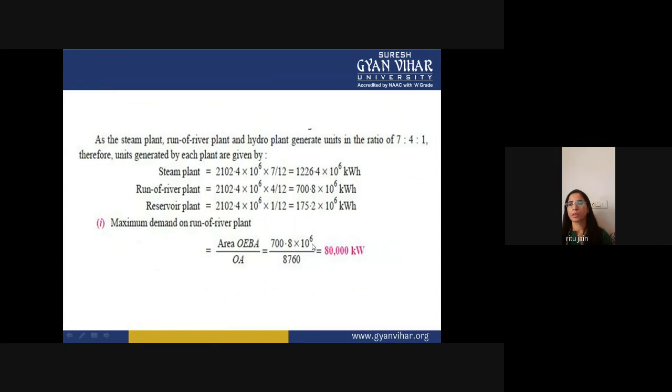So 700.8 into 10 to the power 6 kilowatt hour units are generated by the runoff river plant. When you divide it by the total hours in a year, then you will get the maximum demand on the runoff river plant.